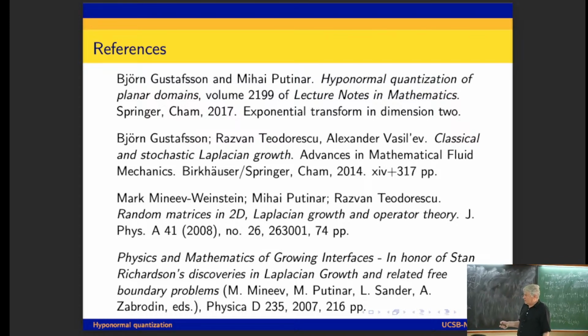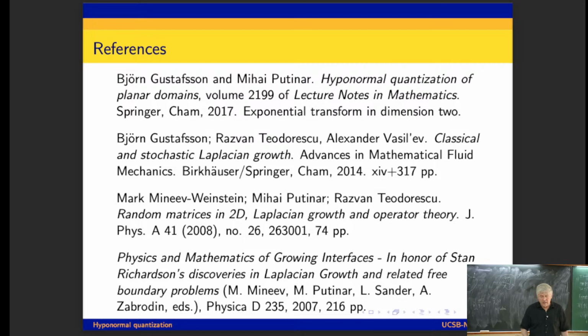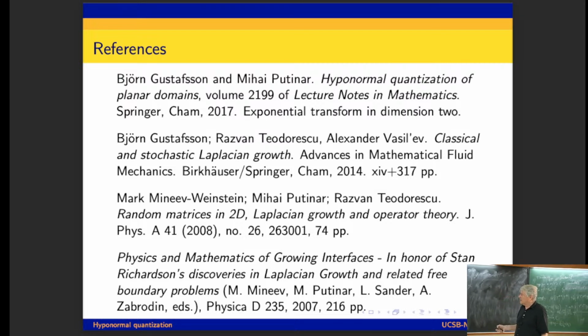Then Gustafsson has, with collaborators, a very beautiful book on Laplacian growth, and it has also a stochastic component there. It's 10 years old, and I advise you, if you are interested in these applications in physics, it is quite something.